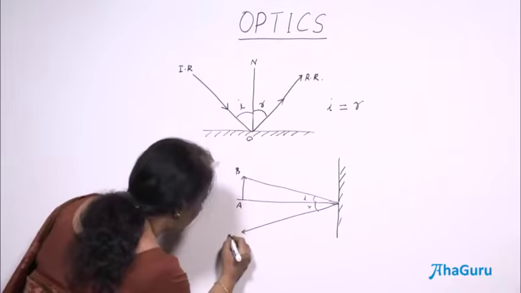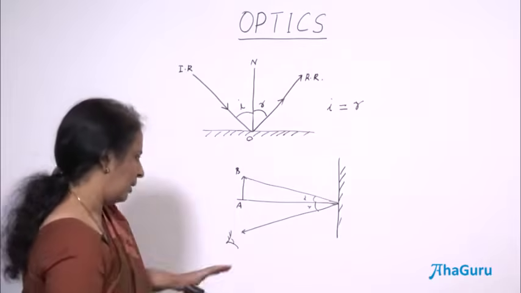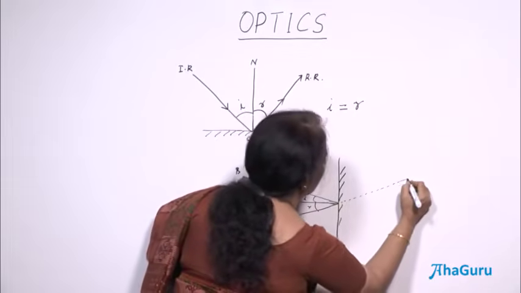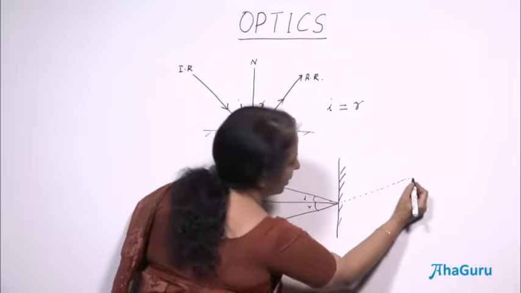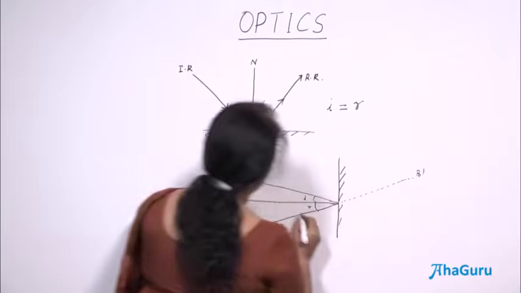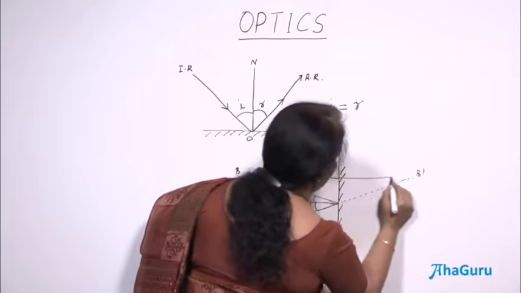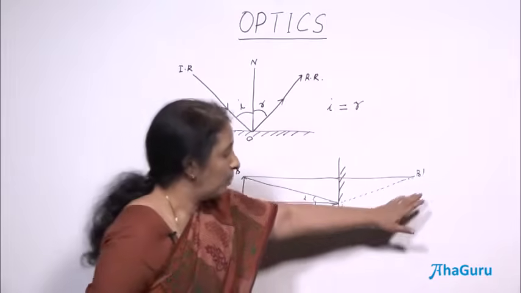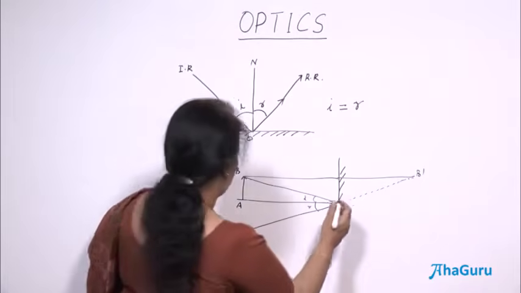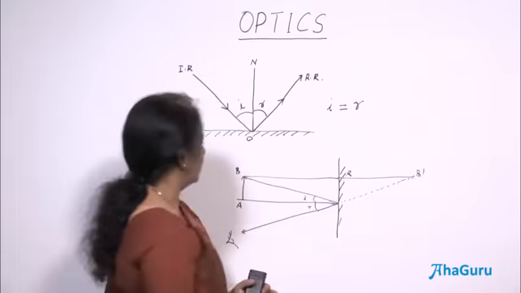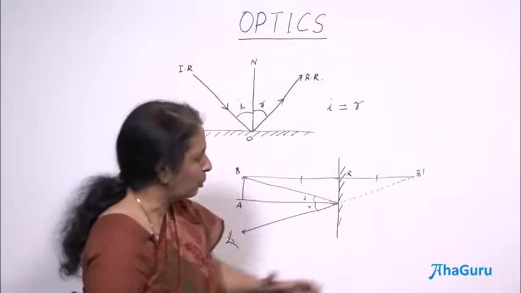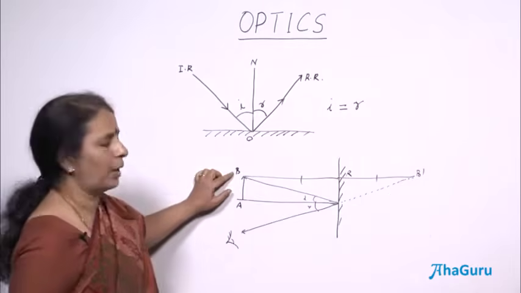If I am standing here, the eye is here, if I look at this, it appears to me that it is coming from this point, or you can say the point B dash, such that this distance and this distance are the same, which means B dash is the reflection of the point B. If this is say point R, then RB is equal to RB dash. This length and this length are equal. So, B dash is the reflection of the point B.